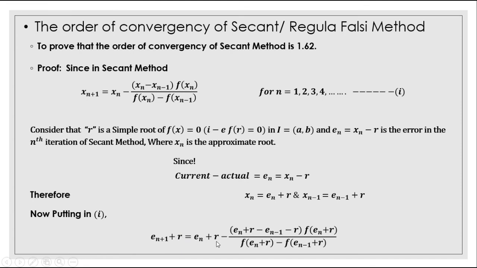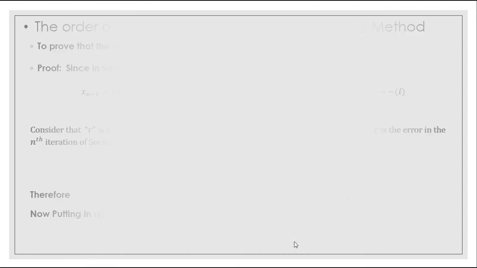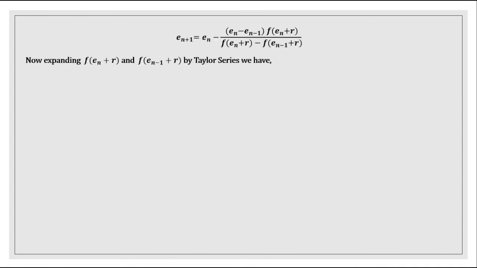This r will be cancelled out with this r, and this r can be cancelled out with this r. After cancelling, with a little bit of algebra, what we get is en plus 1 is equal to en minus 1 into f of en plus r divided by f of en plus r minus f of en minus 1 plus r.